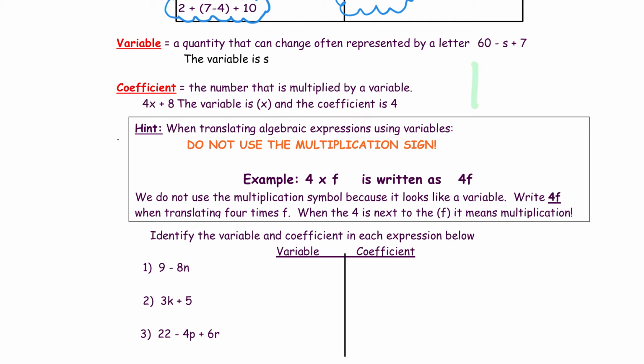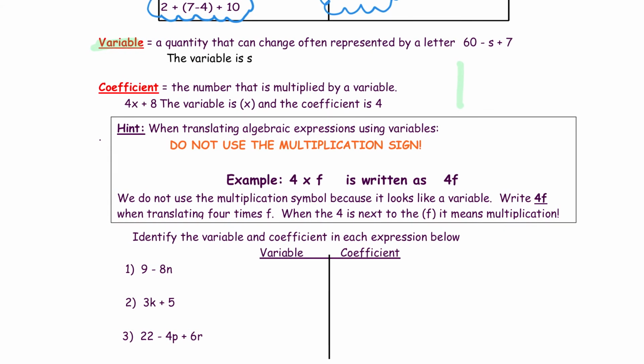Now let's take a look at some of the vocabulary terminology. A variable is a quantity that can change, often represented by a letter. So, for example, in the following expression, 60 minus s plus 7, the variable would be the s.